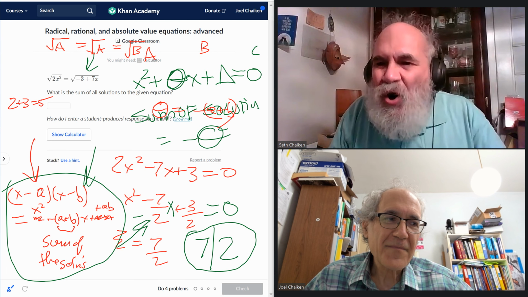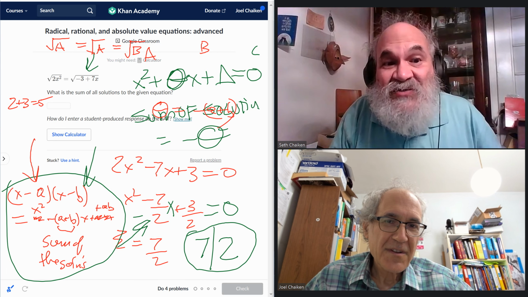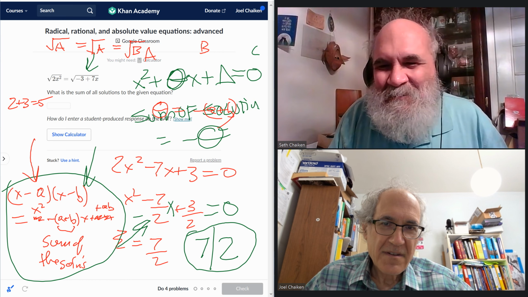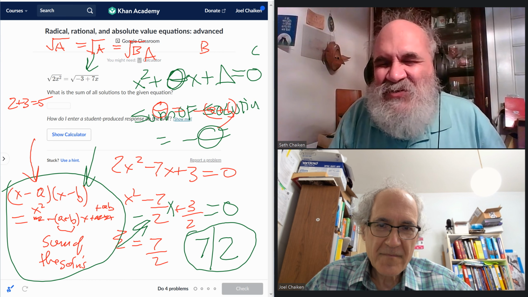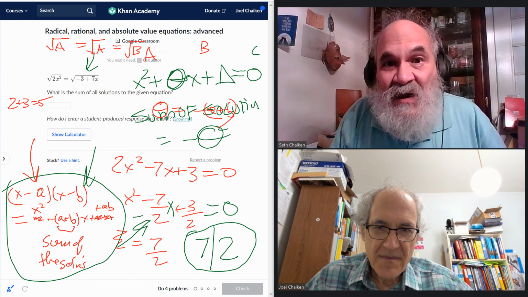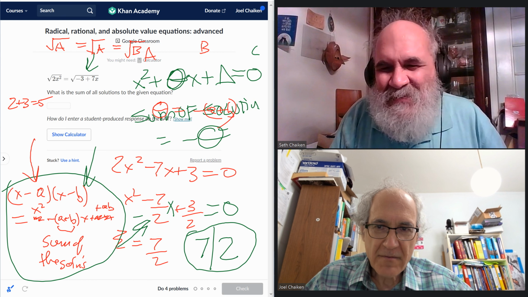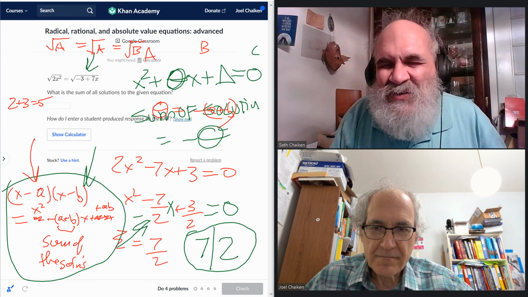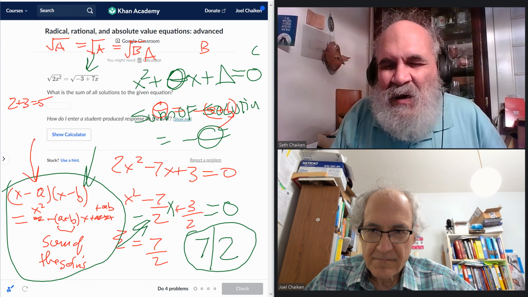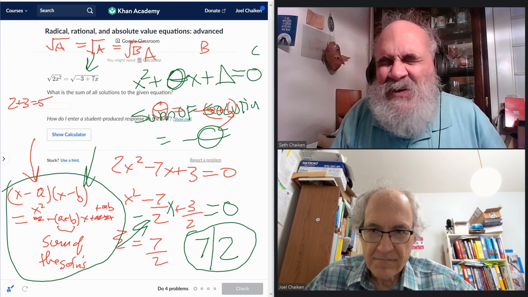By knowing cold what is in this green circle, you will know that the sum of the solutions is the negative of the x coefficient, and the product of the solutions is the same sign applied to the constant coefficient.